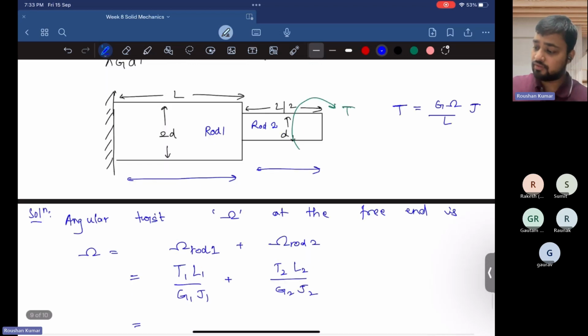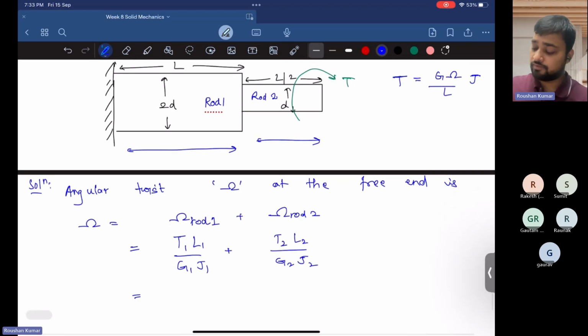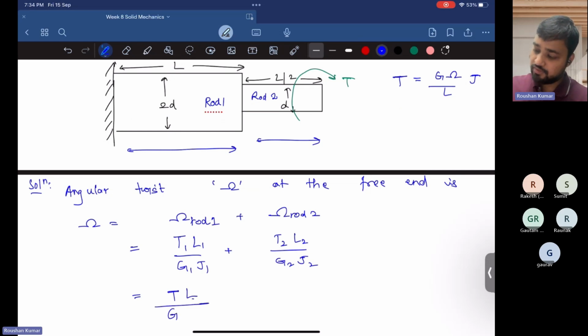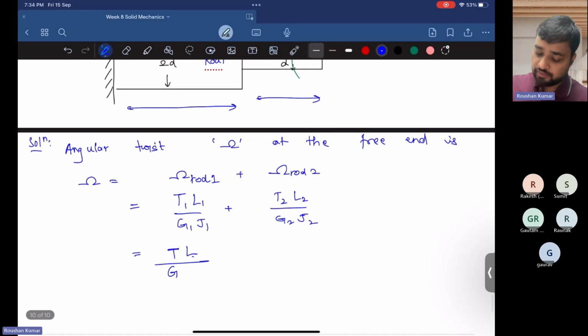T1 is the same because the same torque is transmitted along the length of both rods, that is T. So T, L1 is L, G1 is G, and J1 is pi by 32 times 2d to the power 4.